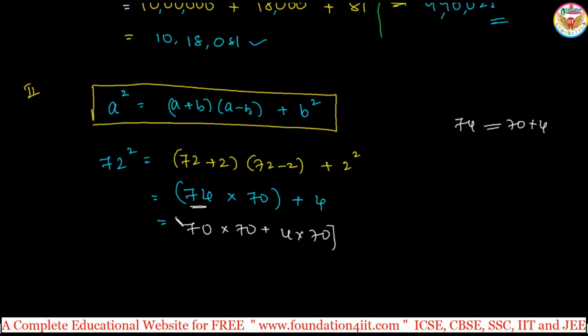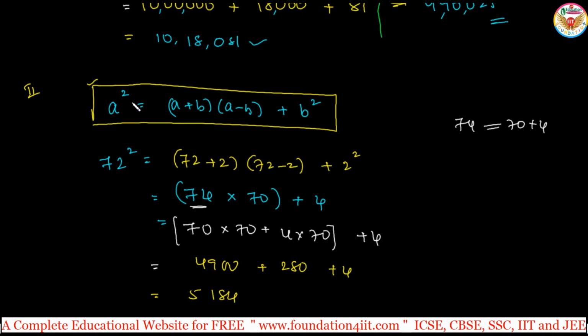I am splitting and writing to make the calculation simple, plus 4. So 7 sevens are 49, so 4900 plus 4 sevens, which is single digit multiplication. 7 fours are 28, 280. Again adding 4. 4900 plus 280 plus 4, so 5184.